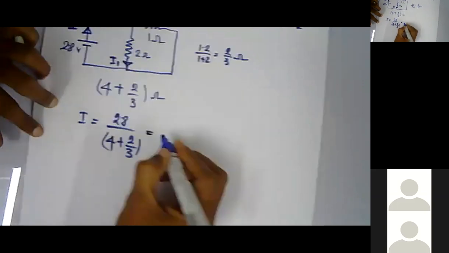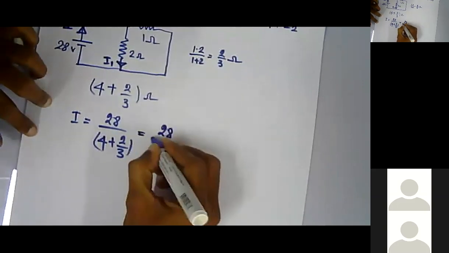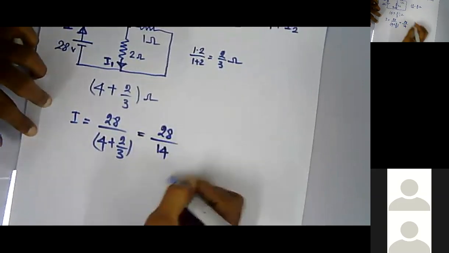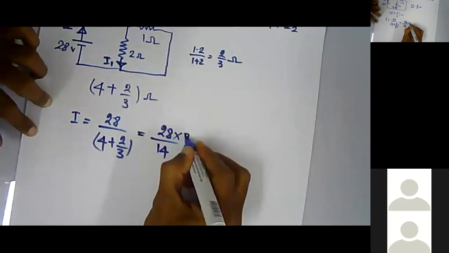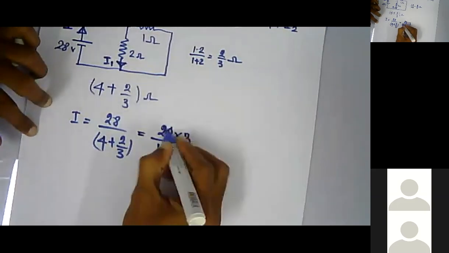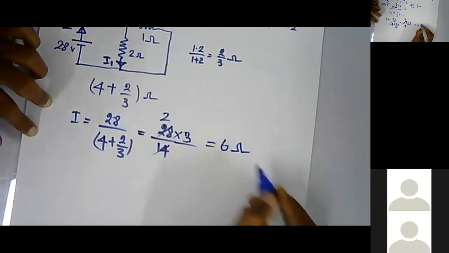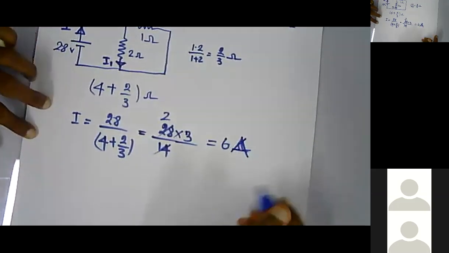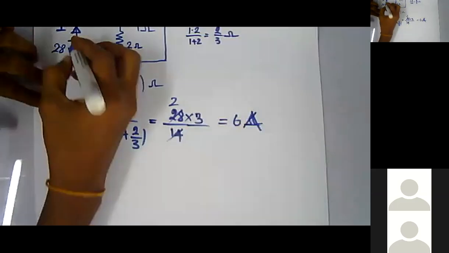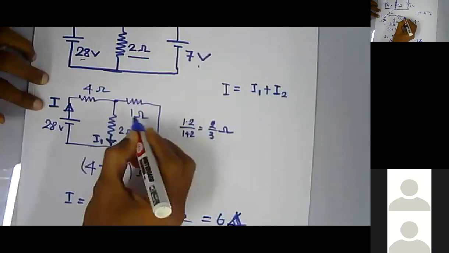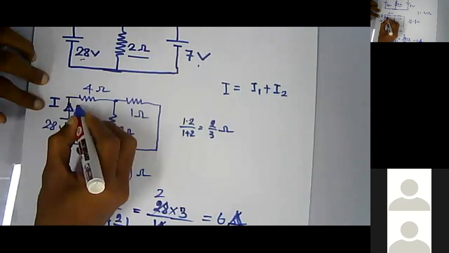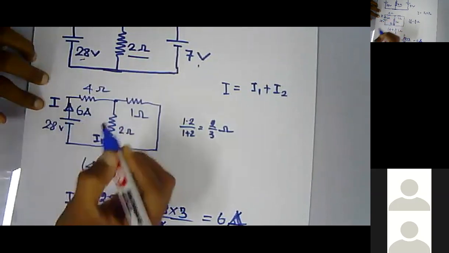So this becomes 28 over 14, with the 3 on top. Simply this will be 2, so it equals 6 amperes. So the current flowing through the circuit without this battery is 6 amperes.